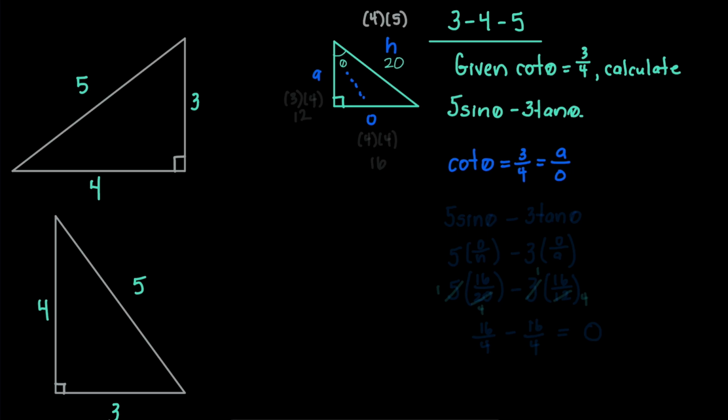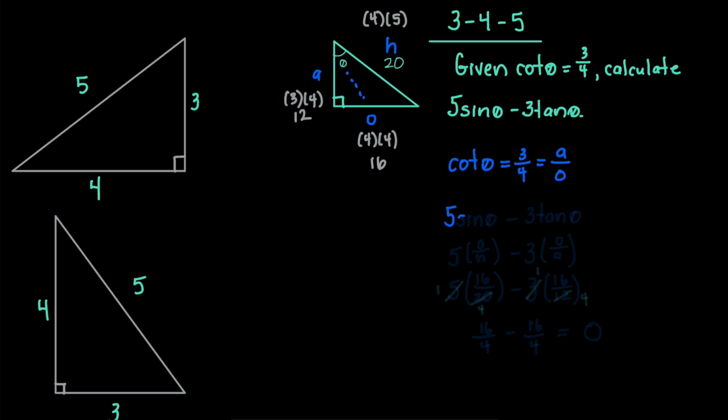And we know it has to be a multiple of 5 because the legs simplify down to 3 and 4. So that means our adjacent side is 3 times 4, which is 12. And our opposite side is 4 times 4, which is 16. So now we're able to label all the sides of our triangle and we can answer our question.